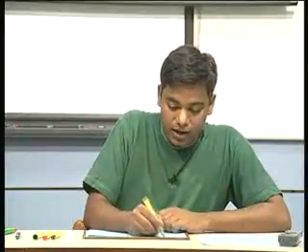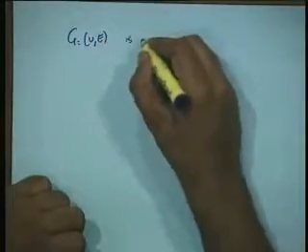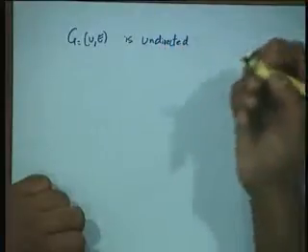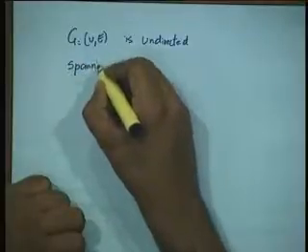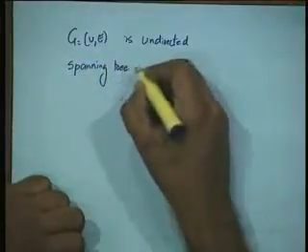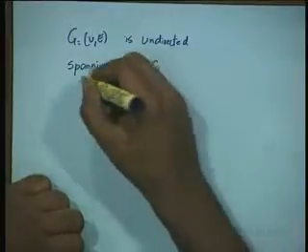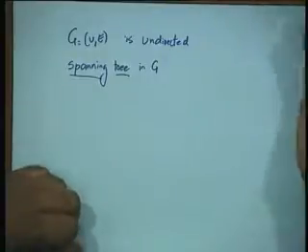Right. So, I give you an undirected graph. What is a spanning tree in G? The term is composed of two things, tree and spanning. Tree means it should be a tree.